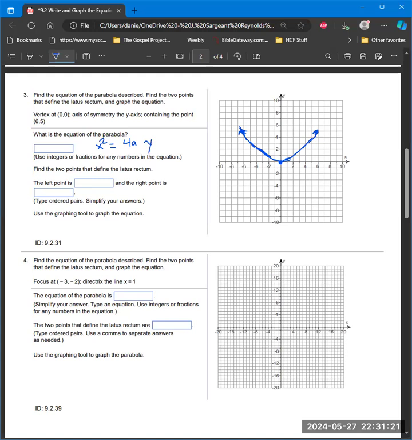So when x is 6, 36 equals 4a times 5. 36 equals 20a. a equals 36 over 20, or a equals 9 over 5.